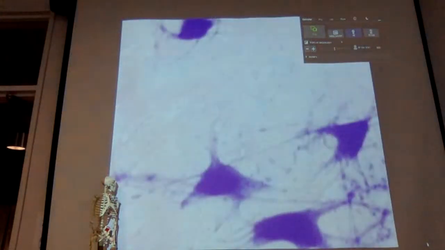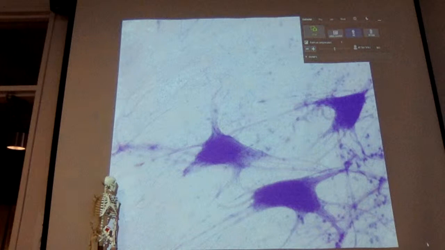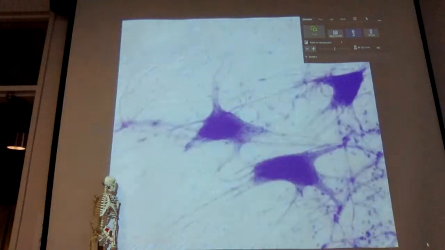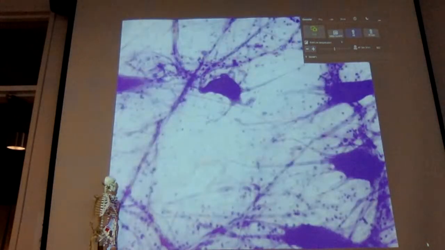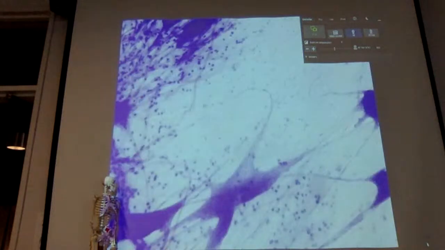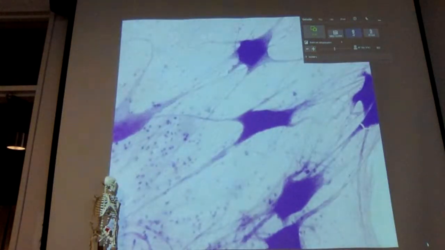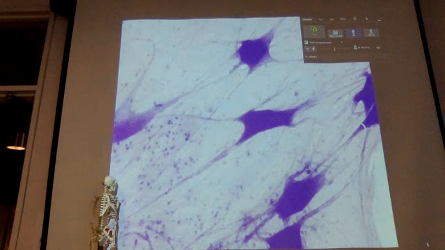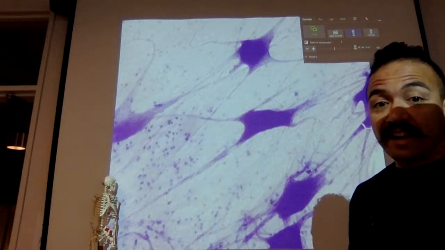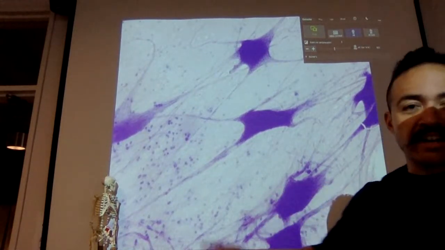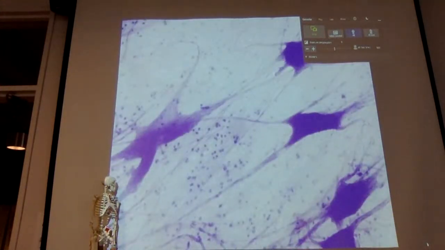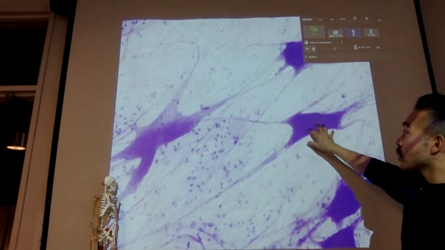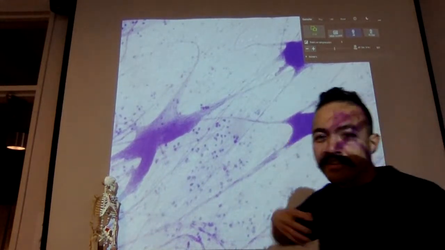Now, let me find one more. Okay, let's go with this one. All right. So it's stained very dark. And I should probably go to that one because it's stained less dark so we can see more things. So these neurons are branched, they're dark.